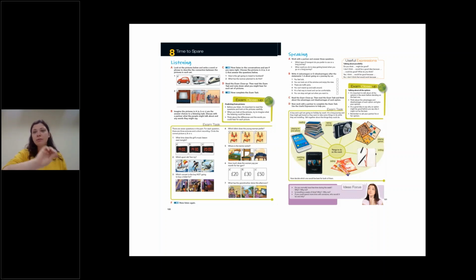So your students won't just read how to do something, but they will get step-by-step exercises that will guide them through all the tips. You can even not show them the tips, but do the exercises and then elicit the tips from them. Lots of useful expressions, vocabulary bank, writing bank, grammar bank, speaking activities, listening activities. I guess this book is one of the most interesting books I've seen, actually.